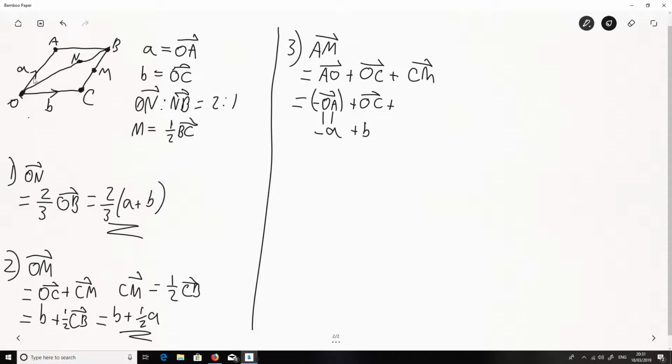So this is plus 1/2 A. So we can simplify this, and what we get at the end is B minus 1/2 A. And that's our final answer.